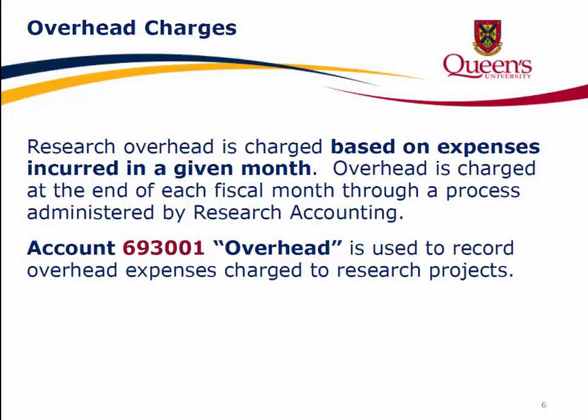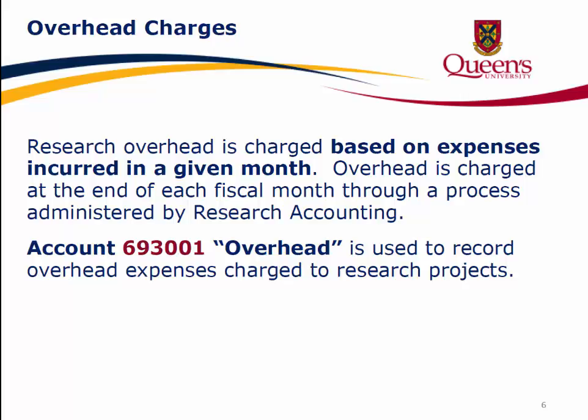For research projects, which include an overhead component, overhead is expensed to the project on a monthly basis as direct costs are charged. This is completed through a process administered by research accounting. At the end of each fiscal month, overhead is charged based on the research expenses incurred within the month at the applicable overhead rate.